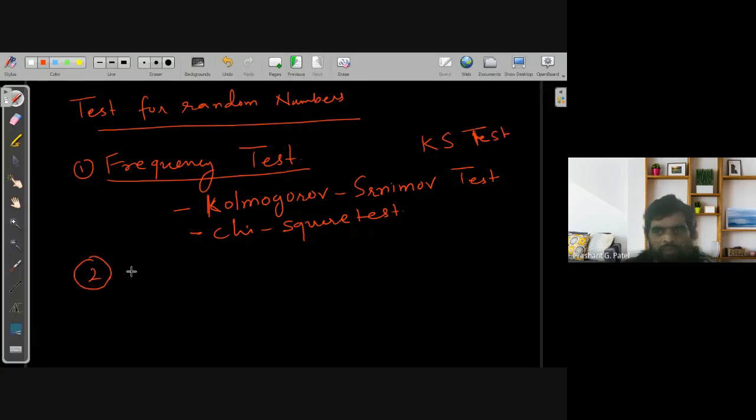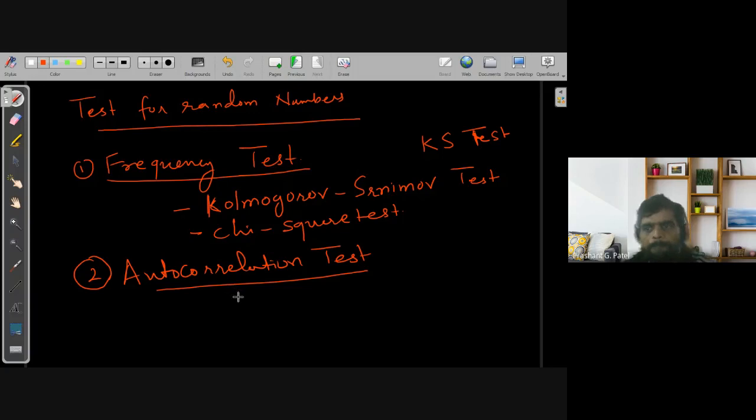The second one is the autocorrelation test. This autocorrelation test is to test for correlation between the numbers and compare the sample correlation to the expected correlation of 0.